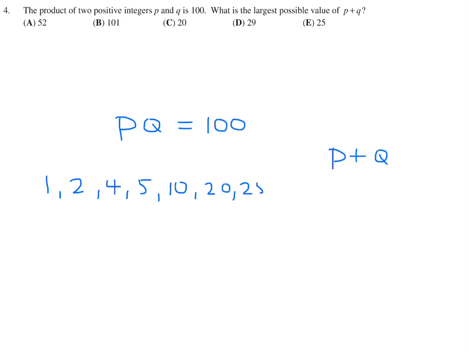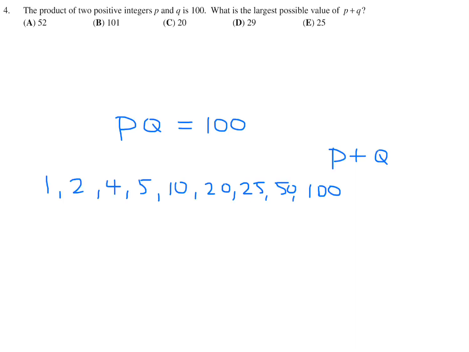The product of two positive integers p and q is equal to 100. What is the largest possible value of p plus q? Okay. This is sort of just a trial and error, I think. What they're asking for is two numbers that multiply to get 100. So if you do the factors of 100, there's quite a few of them. In fact, 2, 4, 5, 10, 20, 25, 50, 100 itself.